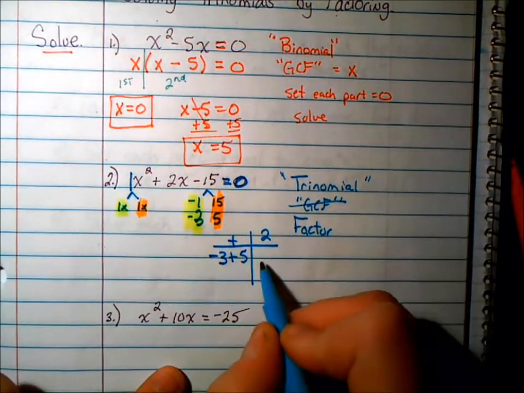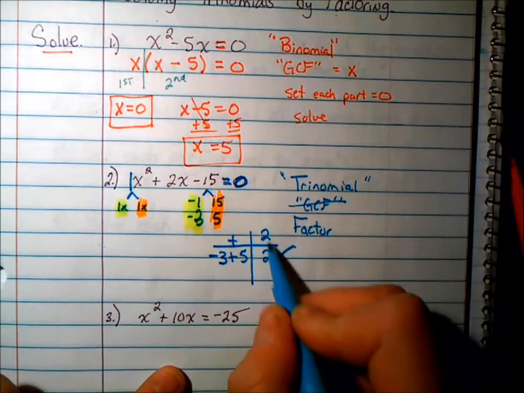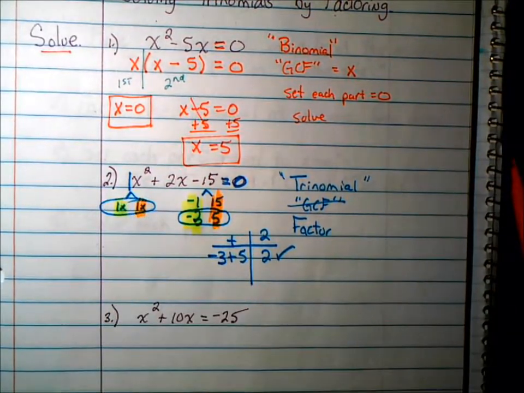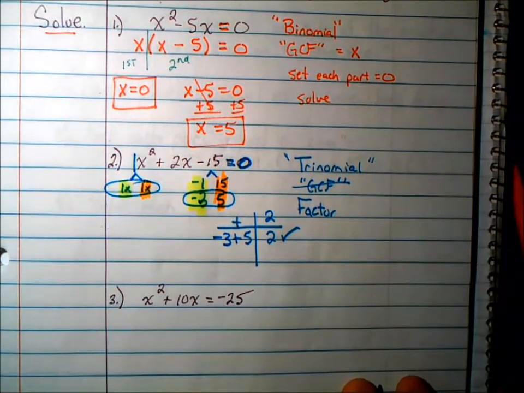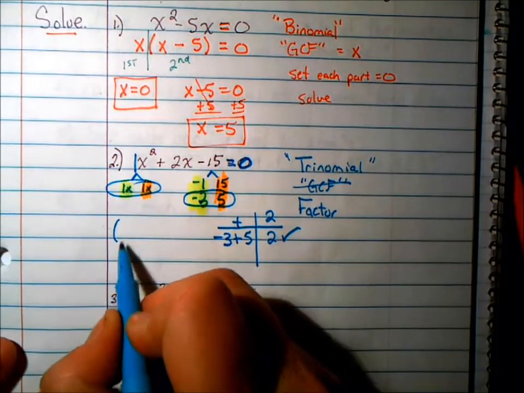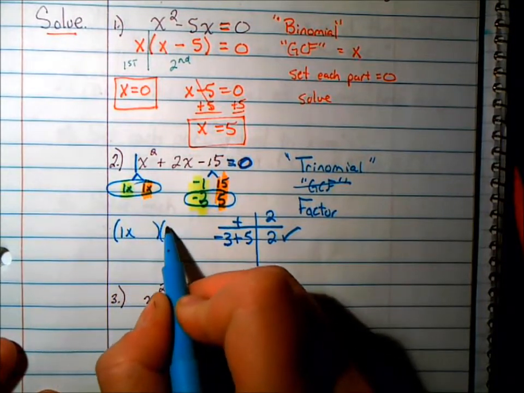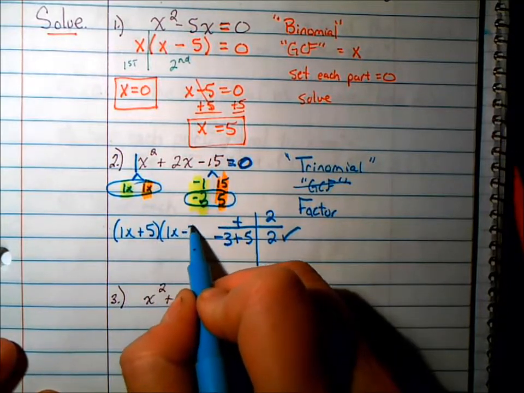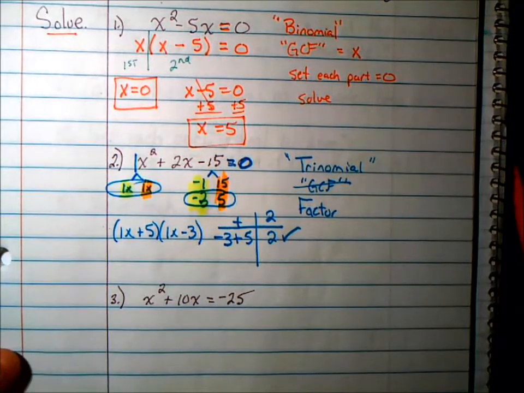Negative 3 plus 5 is actually 2, and that matches my target. So there are my terms. If I place them into my binomials, this would be a 1x and a 1x. Remember to crisscross. That would be a plus 5 and a minus 3. That would be my factoring.